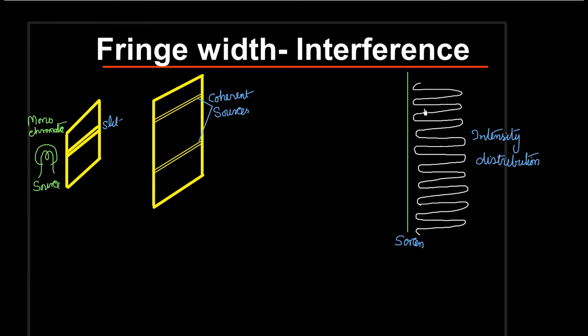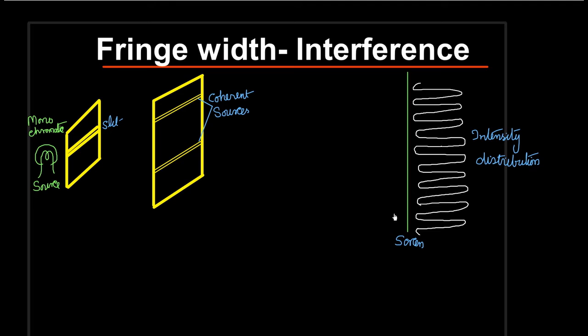The intensity distribution of the fringes is shown by the pattern. Here we can see a bright fringe which is of maximum intensity, a dark fringe which is of minimum intensity, and again bright, dark. This way alternate bright and dark fringes are produced on the screen.